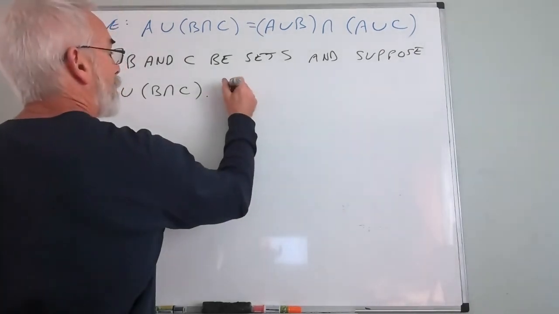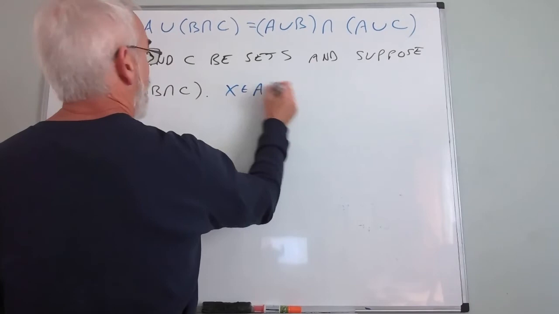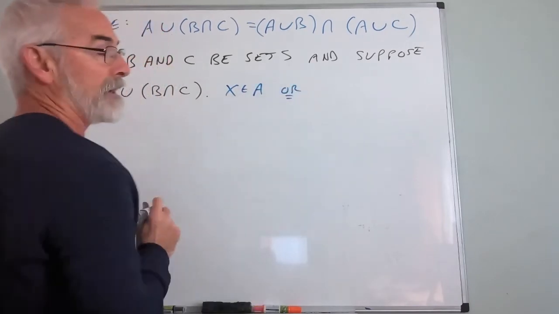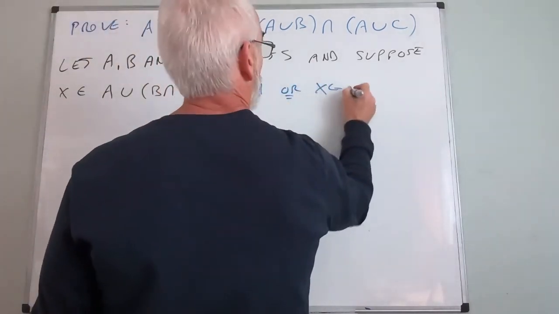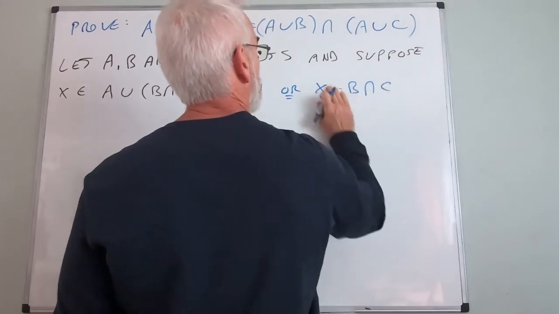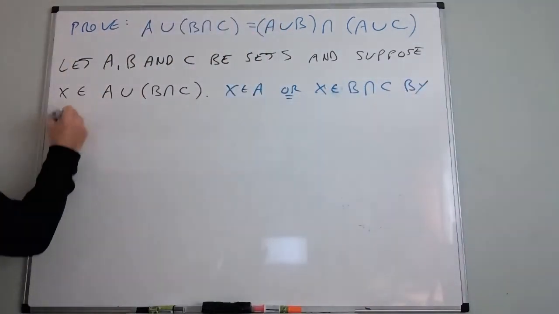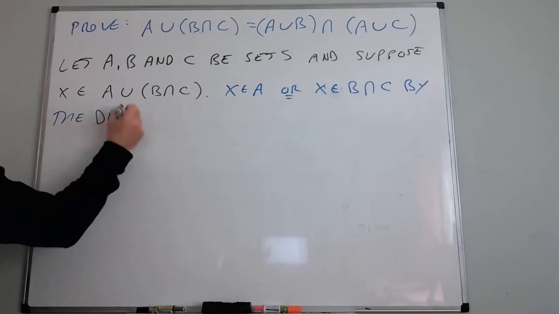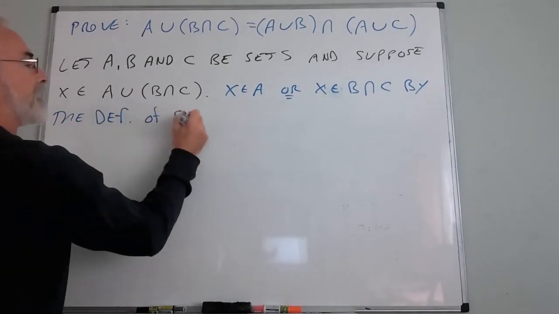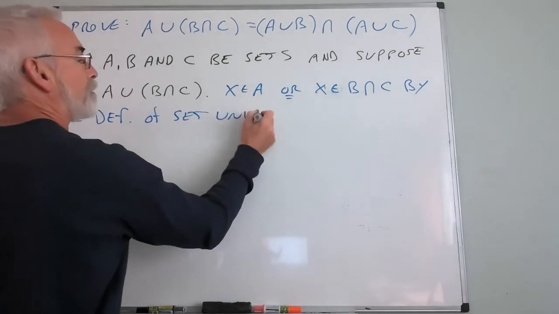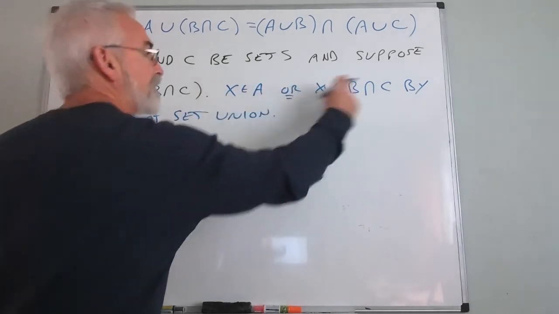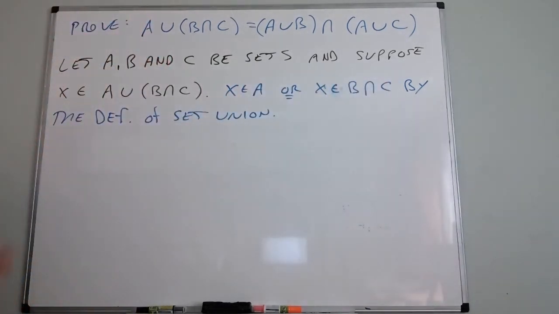Therefore, we can say that X is an element of A, or X is an element of B intersect C, by the definition of set union. Okay, this statement is unquestionable because that's what it means to be in a union.